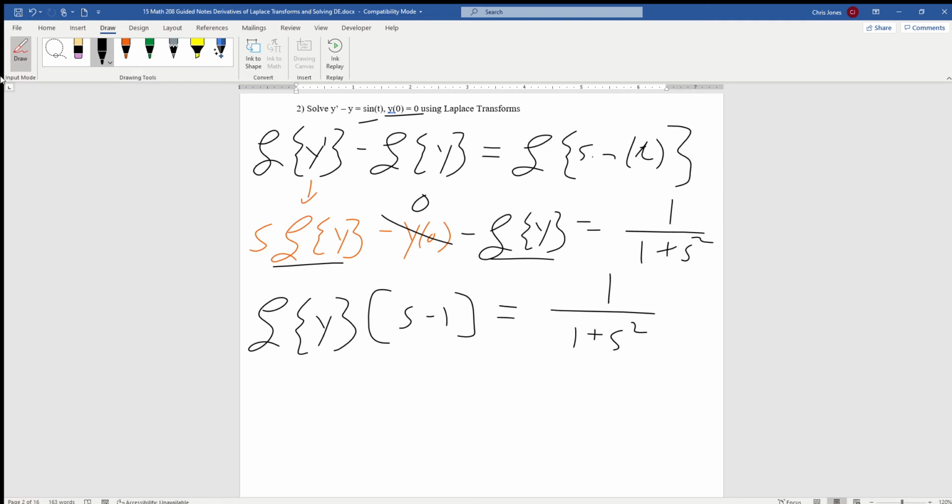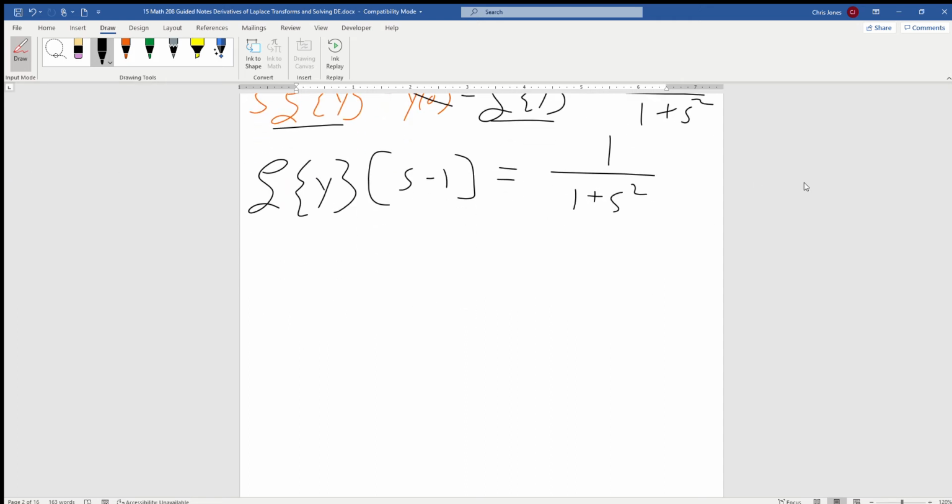Just like in the previous example, we're going to divide by the s minus 1. And so we get Laplace of y equal to 1 over 1 plus s squared times s minus 1. Now that we've solved an algebraic equation and it doesn't have any derivatives in it, as an integral transform generally does, we're going to take the inverse Laplace.